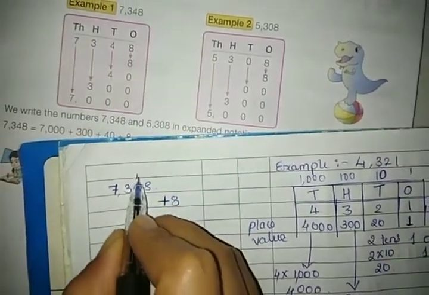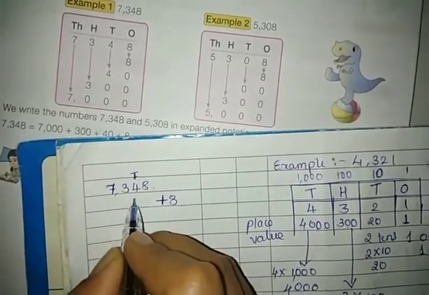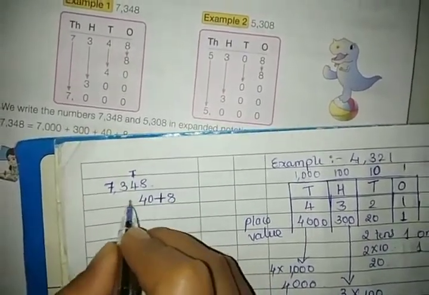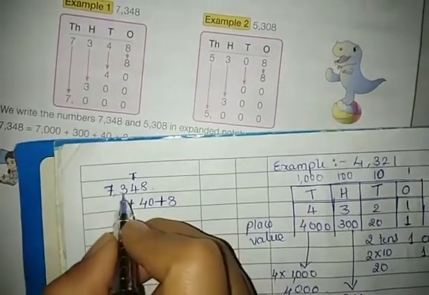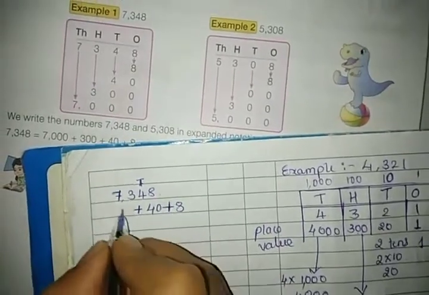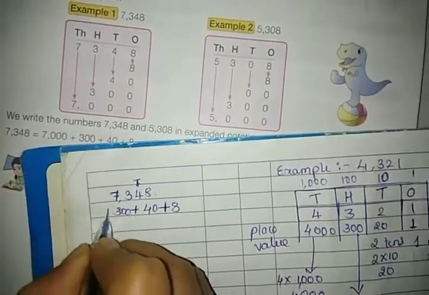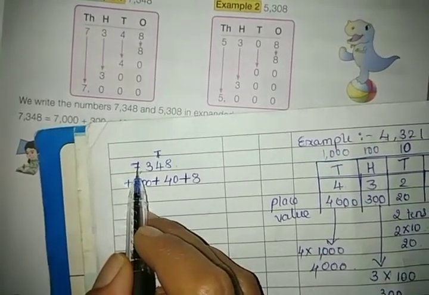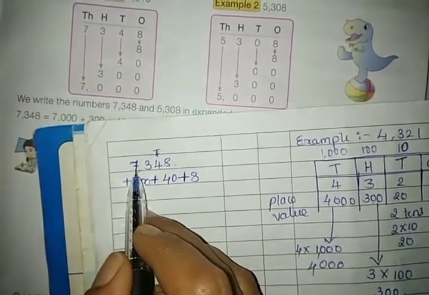And 4 is in tens place, so 4 into 10 is 40. The place value of 3 in 100 place will be 300. The 1000 place number will have 4 digits.